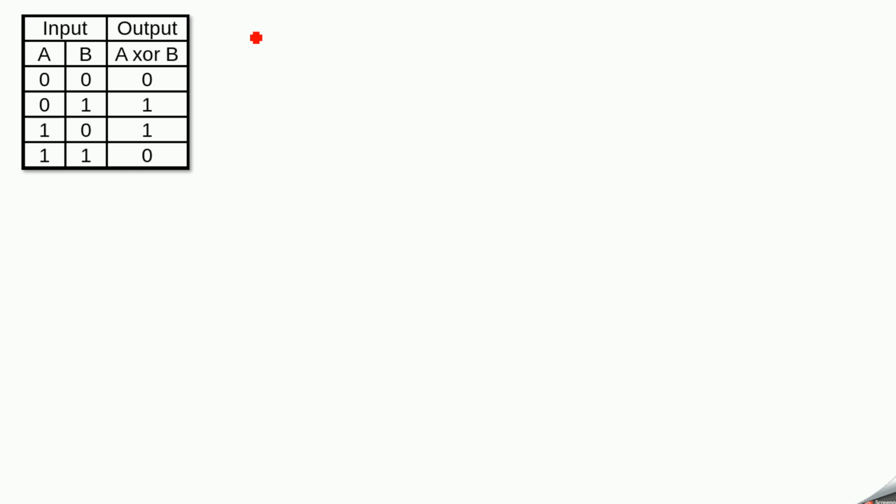You can see the truth table for the XOR gate, where we have considered two inputs A and B. We have 0,0, 0,1, 1,0 and 1,1. And the output for A XOR B is 0, 1, 1, 0.